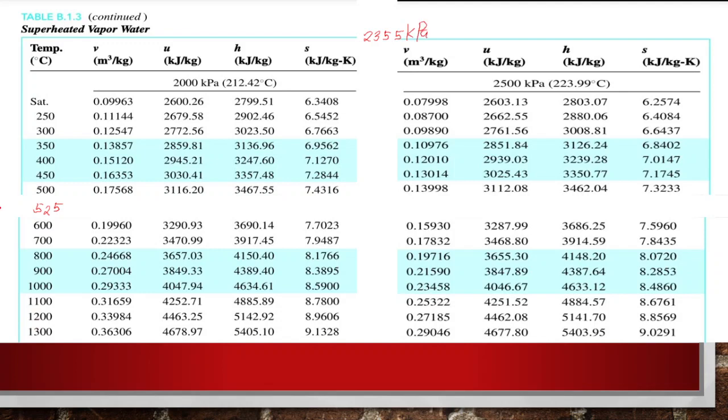Now, to make it easier for us, we have to designate subscripts.